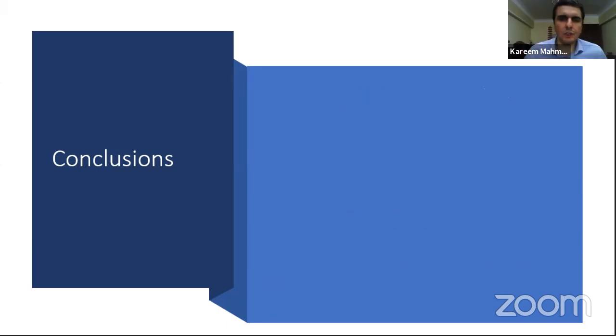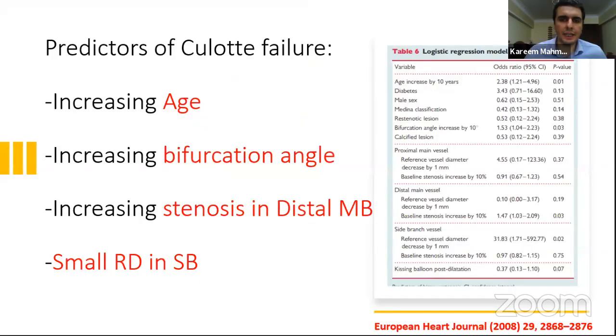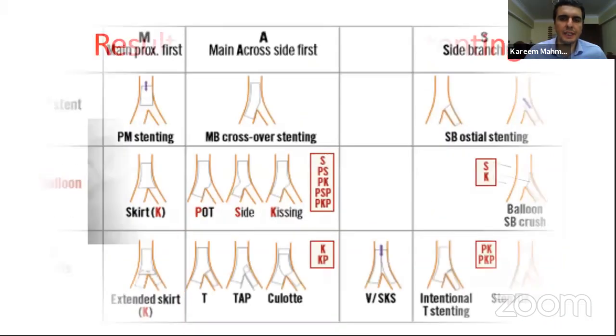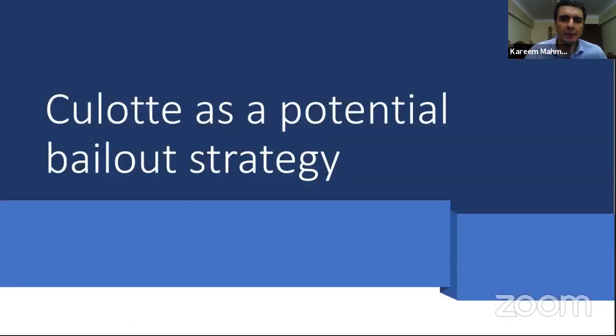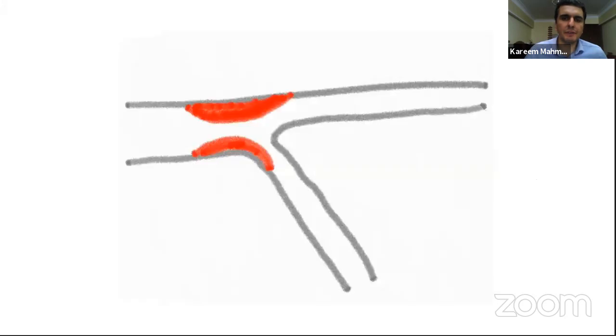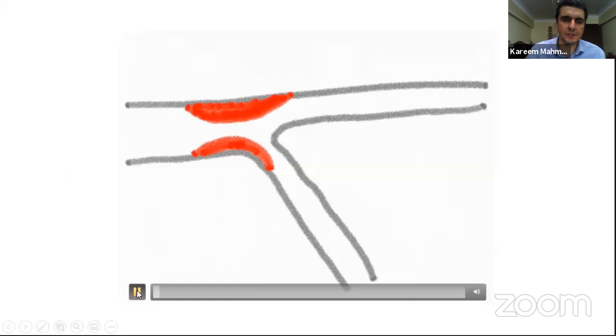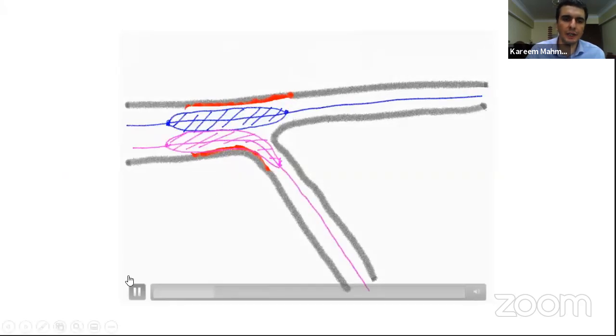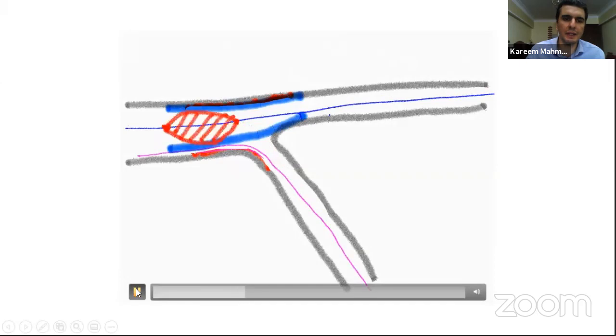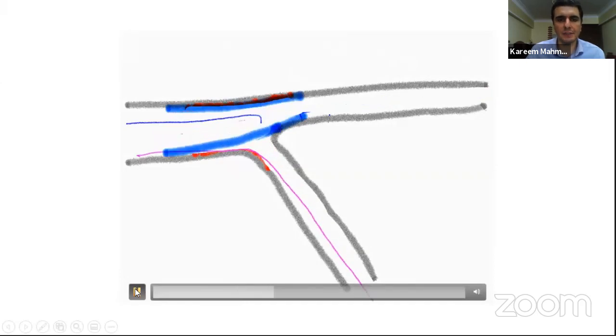In the Culotte technique, in TAP technique, and in provisional stenting, we prefer to go into the distal struts. This will lead to a better scaffolding of the stent into the side branch.